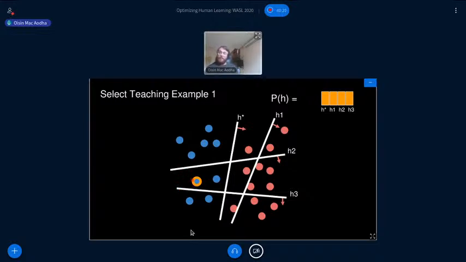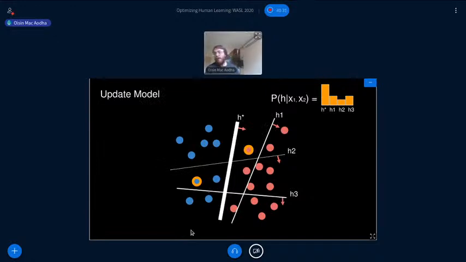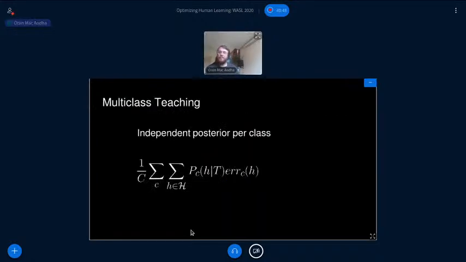And hypotheses that disagree with that are going to be downweighted accordingly. And so, for instance, this hypothesis was inconsistent with this prediction because it said that everything on this side of it should be red, so it will get downweighted. And similarly, this will continue. So that at the end of this teaching, the hope would be that the majority of the mass of the distribution is associated with hypotheses that are actually correct or consistent with the items that were shown so far.